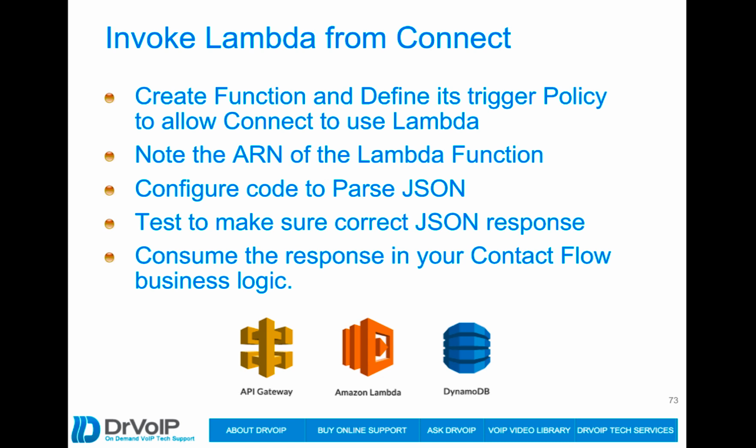So the first step is to create the function. Obviously, you're going to get into Lambda, and you're going to write your function and test it. Clearly, the database either exists or you will have created that. We have a database in DynamoDB, which is a NoSQL database.